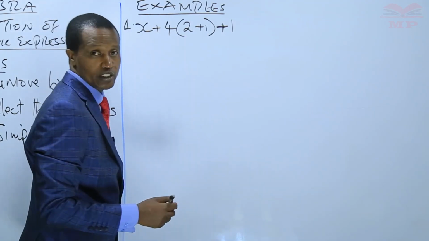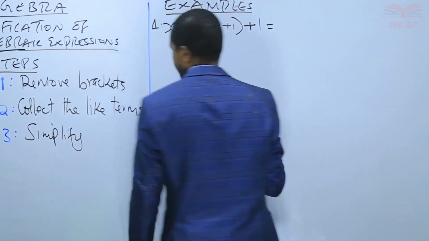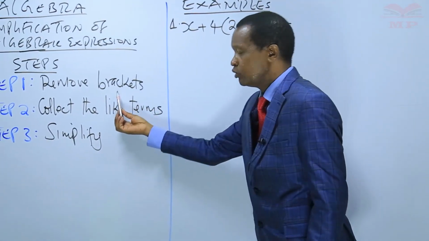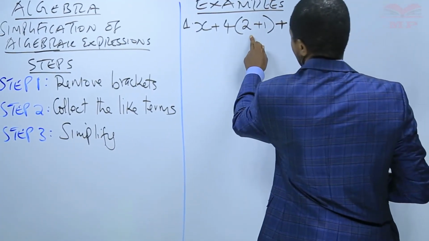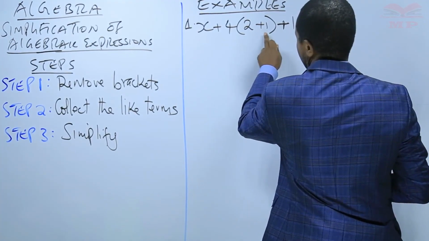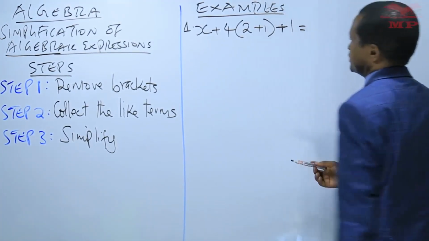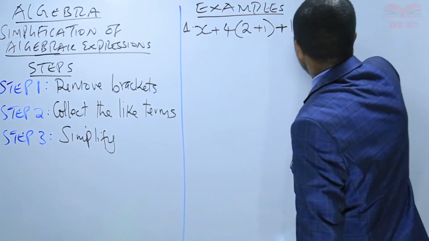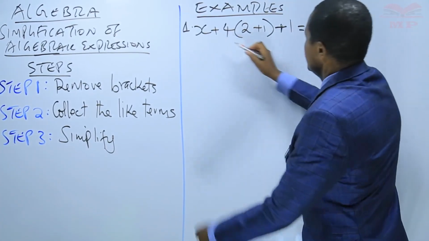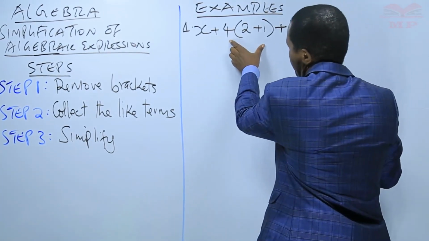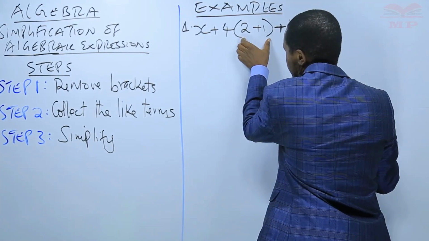And how do we do it? Step number one, we said remove brackets. In this question, we have one bracket. So we are going to remove this bracket first. So we have x plus, removing this bracket, we are going to multiply 4 by all the terms within this bracket.